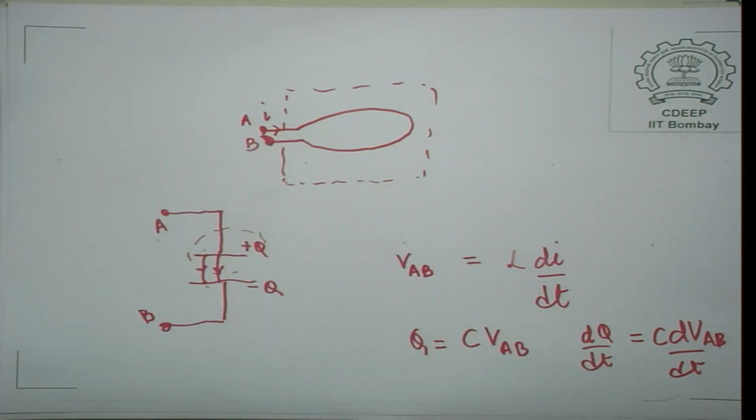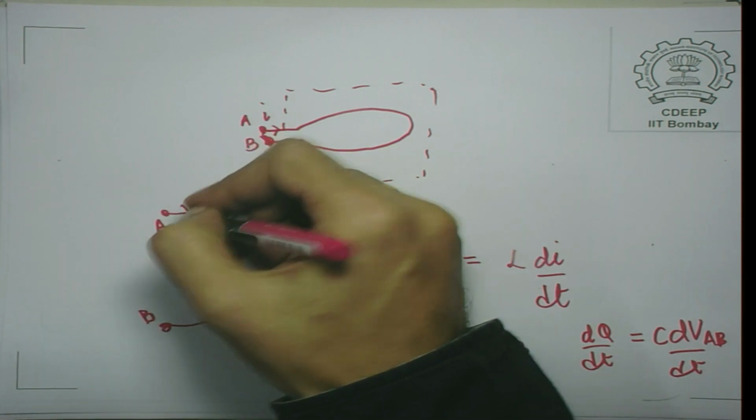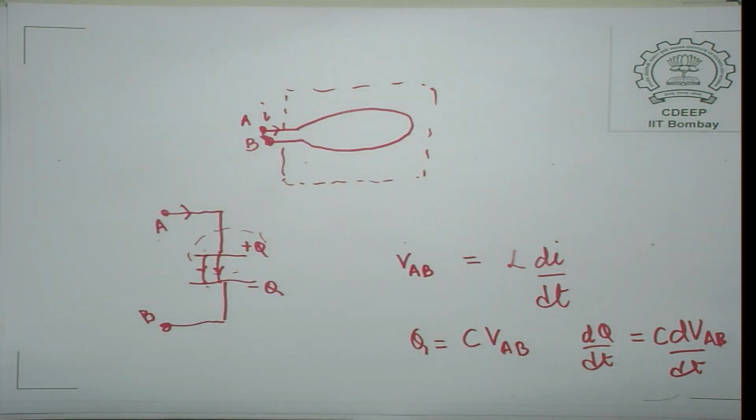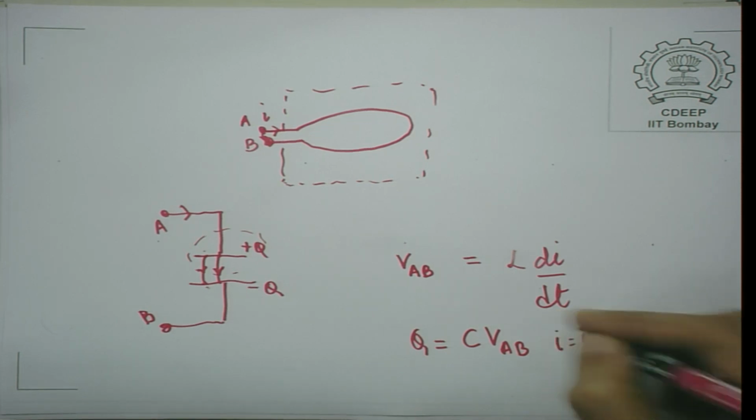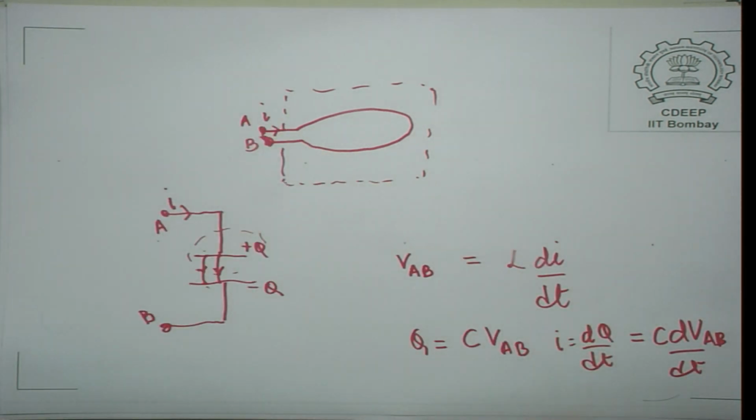This current is nothing but the amount of charge which flows through a cross section of this conductor here, which I can call I. So, this is the relationship between the current and the voltage for an ideal capacitor. Using the basic laws of electromagnetism and neglecting the magnetic fields within the capacitor, we in fact get these equations.